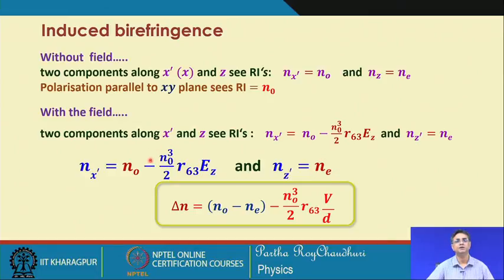So, it is only because of the x dash dependent phase that the change in the birefringence is accounted for, by the presence of this term which involves the external voltage. So, it is an external voltage dependent birefringence that is only due to the x dash polarized light, not because of the z polarized light. It does not undergo any change.